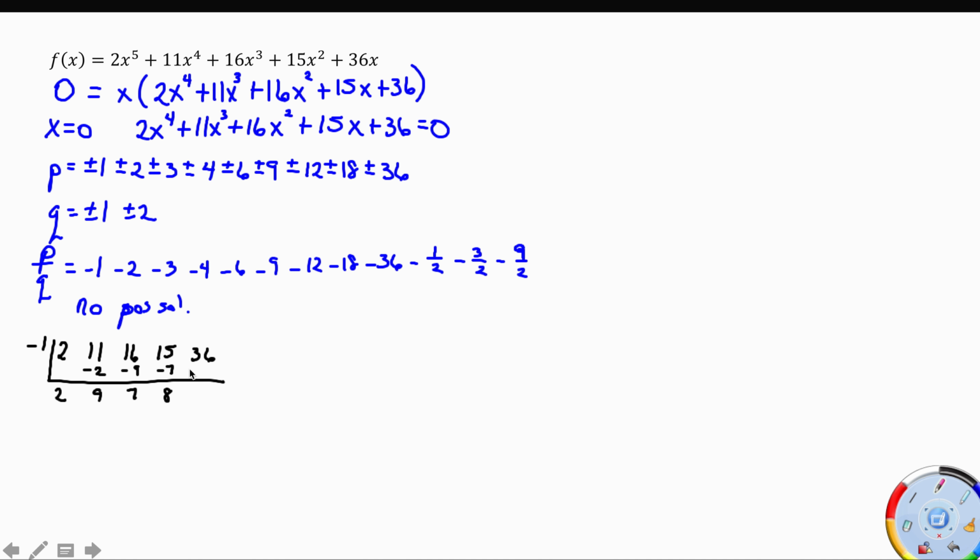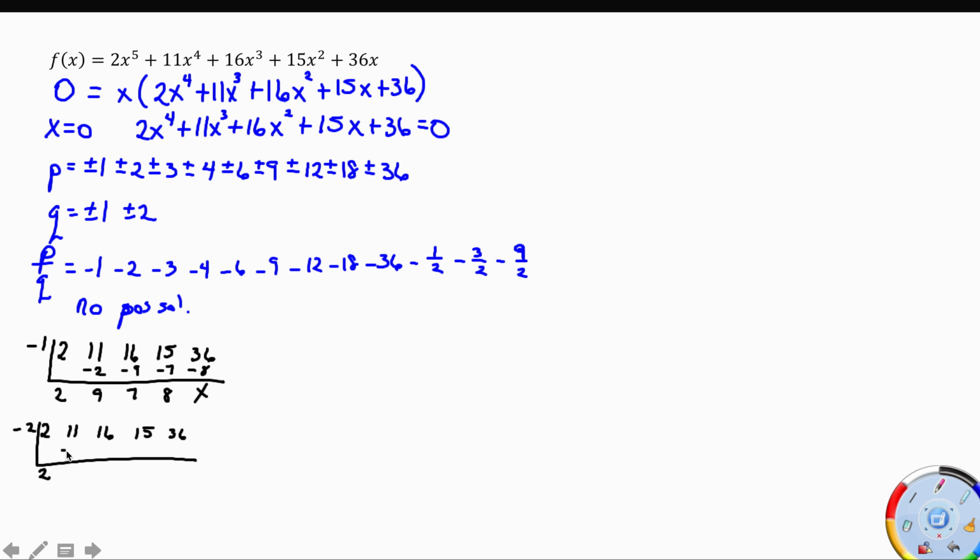And I can tell that that's not 0. So I don't really care what it is if it's not 0. Let's go to the next one. Okay, 2, 11, 16, 15, 36. Let's try -2. I don't have to try +2.